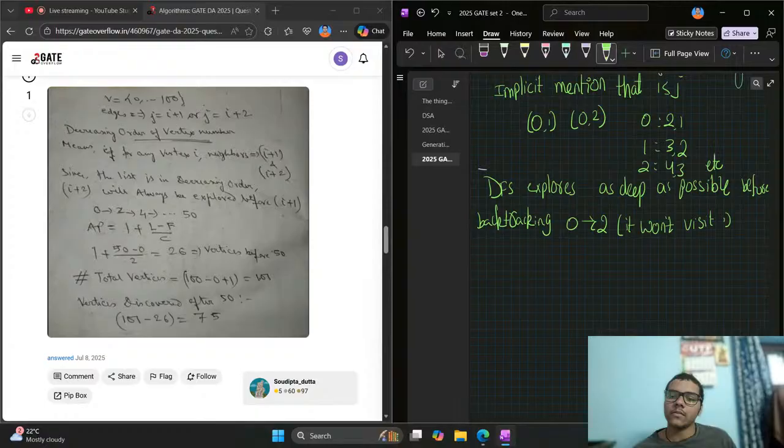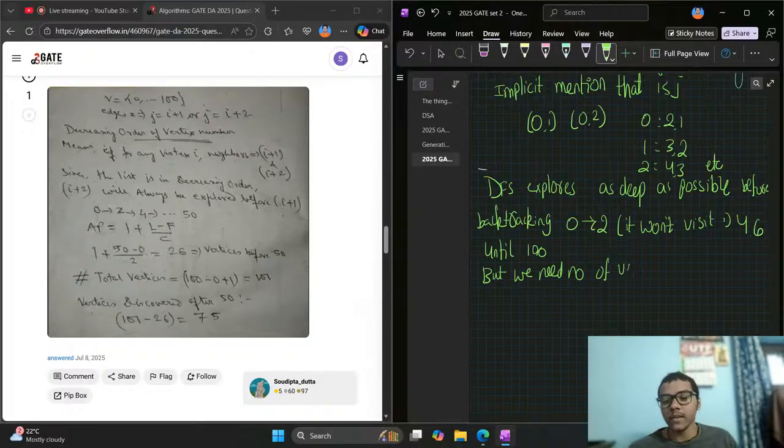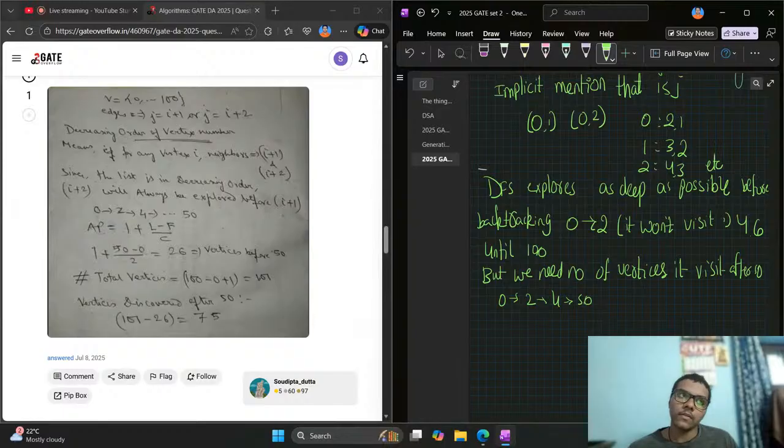Now it is at 2, now 4, 6, until 100. But we need the number of vertices it visits after 50. So 0, 2, 4, ..., 50. That's 26 vertices.